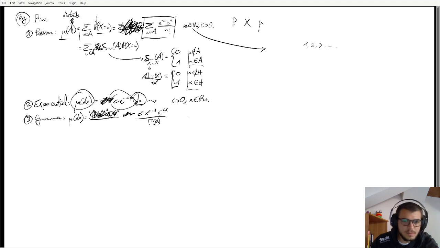Okay, correct. So, again. The gamma distribution is given by c to the a, x to the a minus 1, exponential of minus cx over gamma of a.